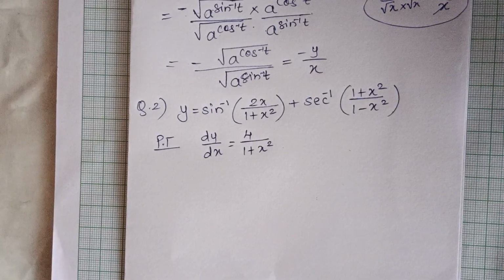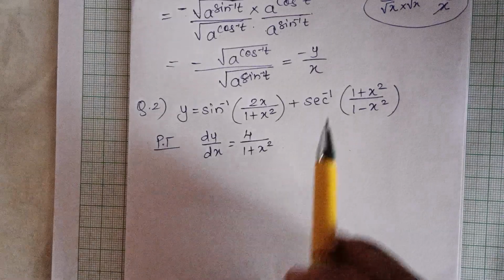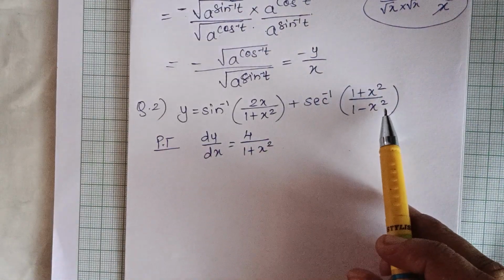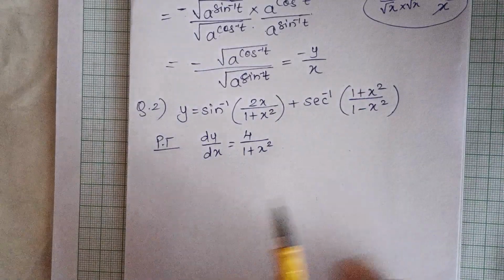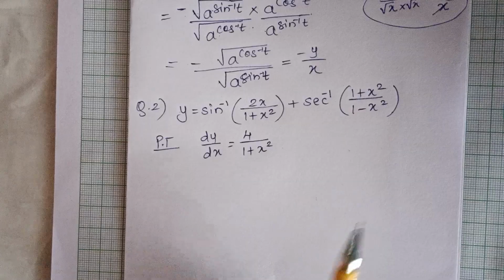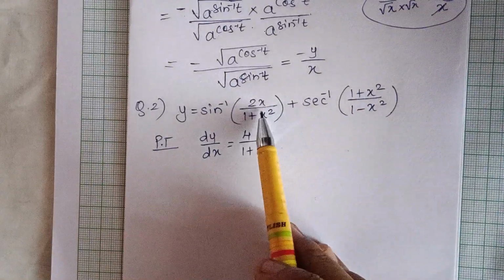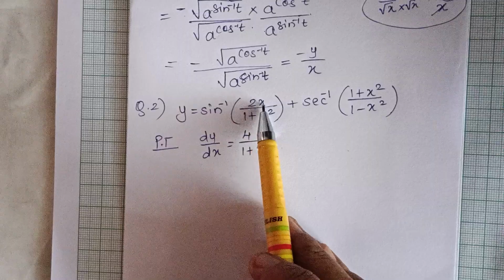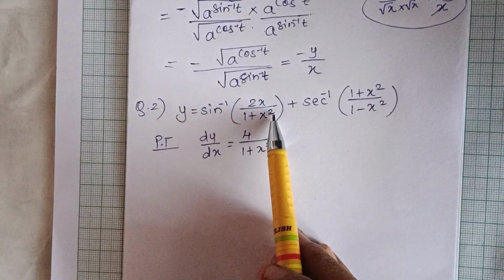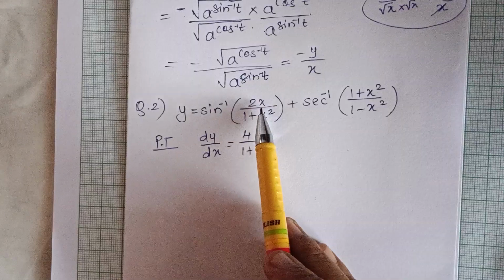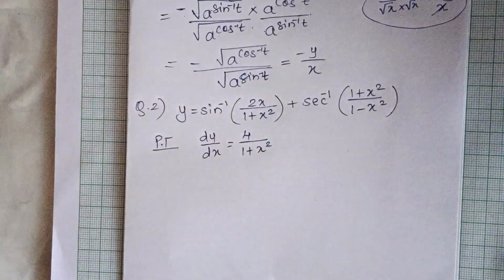Next question. y equals sine inverse of 2x upon 1 plus x square is given, plus sec inverse of 1 plus x square upon 1 minus x square. So if you want to differentiate this, you have to make use of the trigonometric formulas. Okay. So if you look at the trigonometric formulas involving 2x upon 1 plus x square, if I substitute x equals tan theta, then that will be the sine 2 theta formula, right?